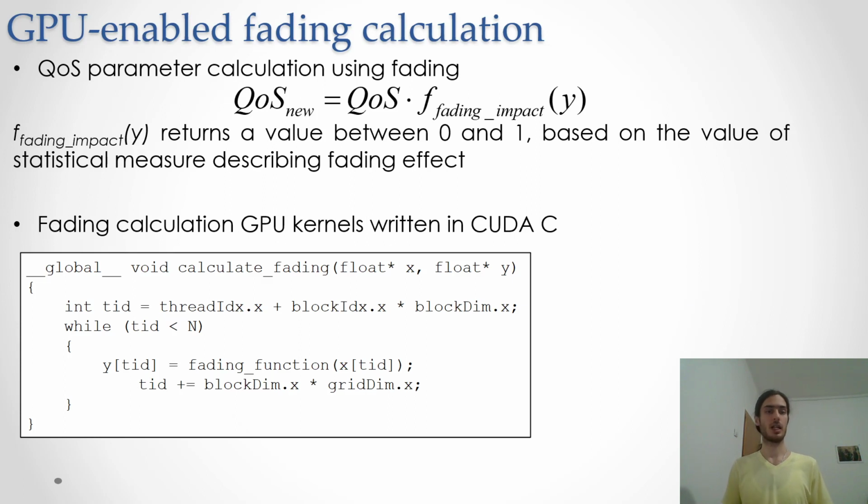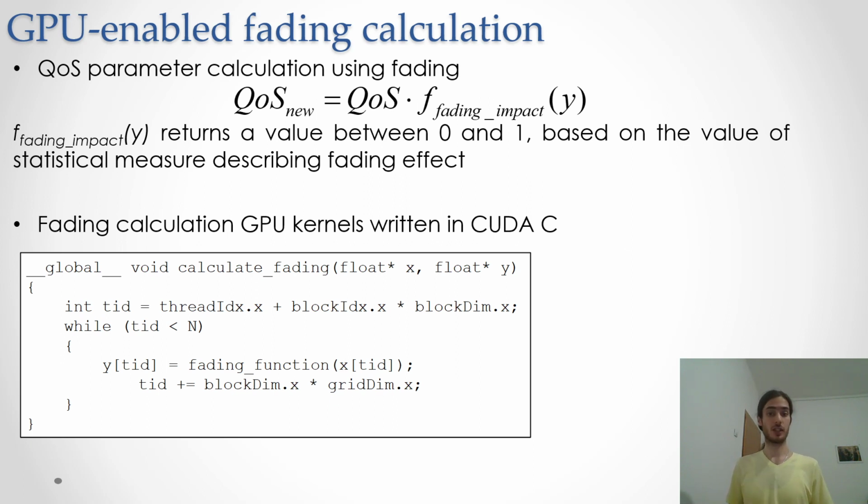Now let's see the structure of the GPU-enabled fading calculation module. Quality of service is calculated by leveraging fading indirectly. We multiply the previous quality of service value by a fading impact function that returns a value between 0 and 1, based on some statistical measure that describes the fading effect, like outage probability.